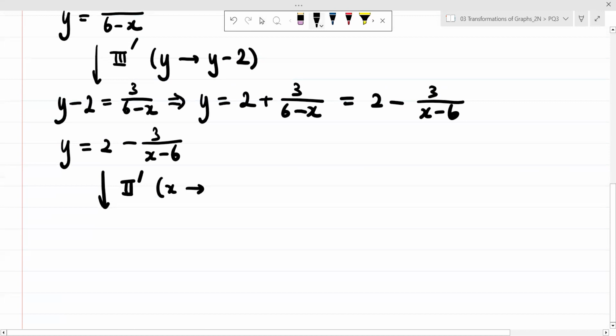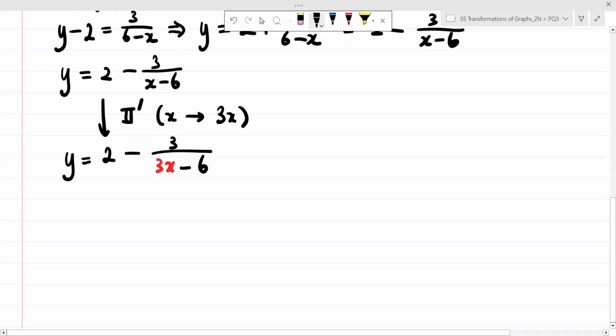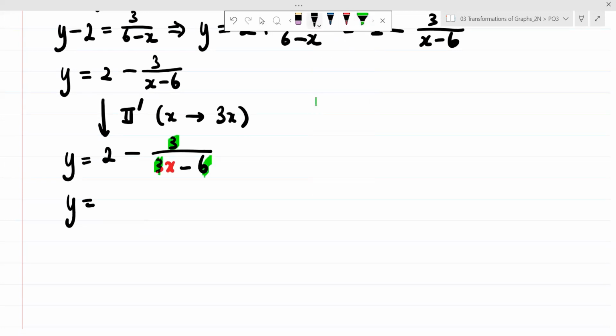So x replaced by 2x. Once again, you see some common things. Feel free to simplify first to help yourself. Last one, we go through 1', which is x replaced with negative x.